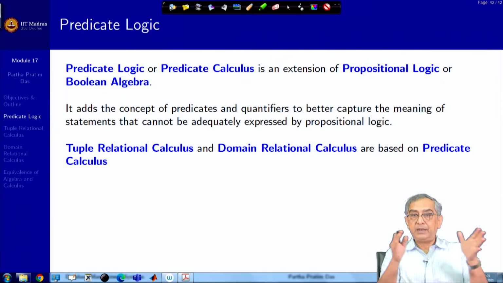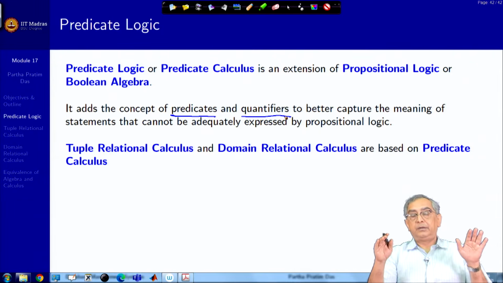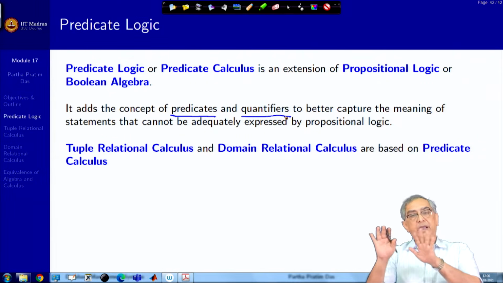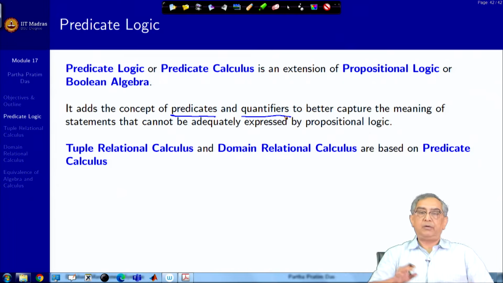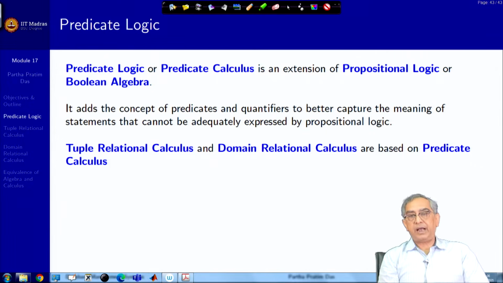Right? So, that is the extension. These are the key things to note: predicate and quantifier, plus the propositions A, B, C, D, all variables which could be true or false. Now, tuple relational calculus and the domain relational calculus are completely based on predicate calculus. They are basically certain forms of predicate calculus.